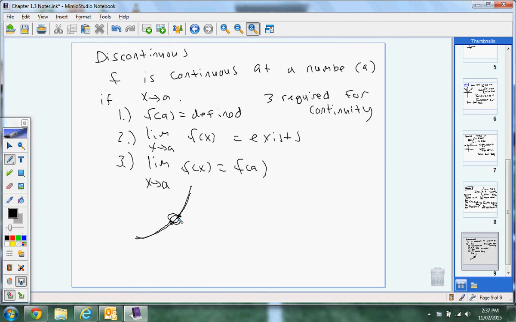I guess that's the best way to think about it. Sorry if my picture is horrible, but we will continue on this. I was trying to answer what Emily was saying, because what I'm trying to say is these things need to happen for continuity, but you can have a limit without continuity. That's what I'm trying to say.